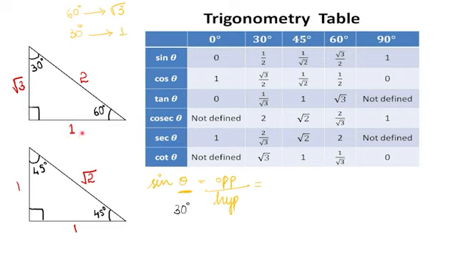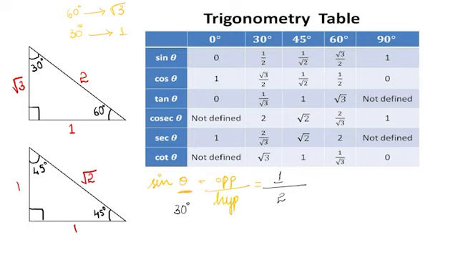What is the measurement I've given here? 1, right? So I'll write it. Opposite is 1. Now the hypotenuse, in the same triangle, is 2. I'll write 2. The hypotenuse is fixed, so you can write it easily, but when you are seeing opposite and adjacent, you should be careful. I've written it for sine 30.